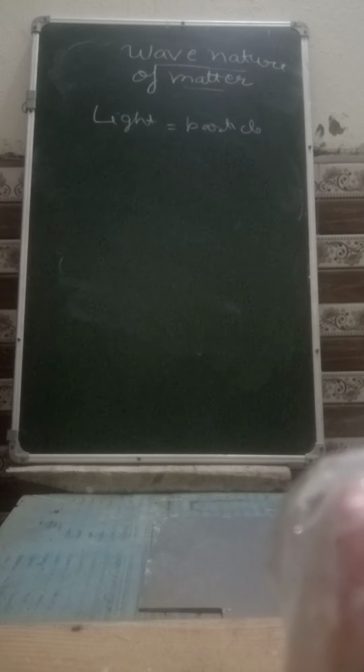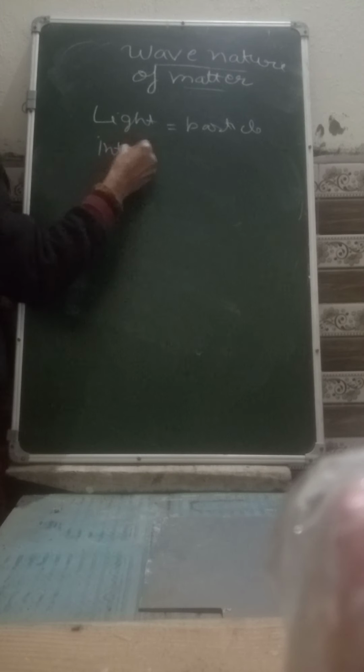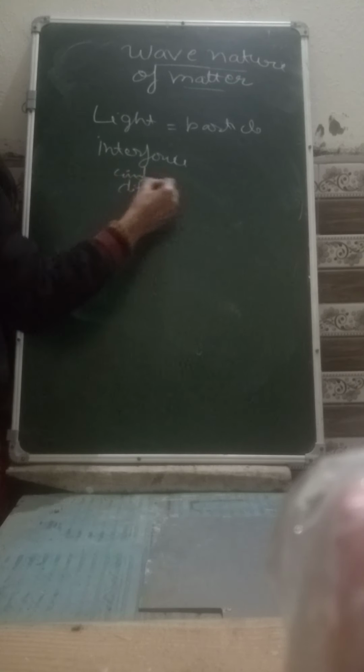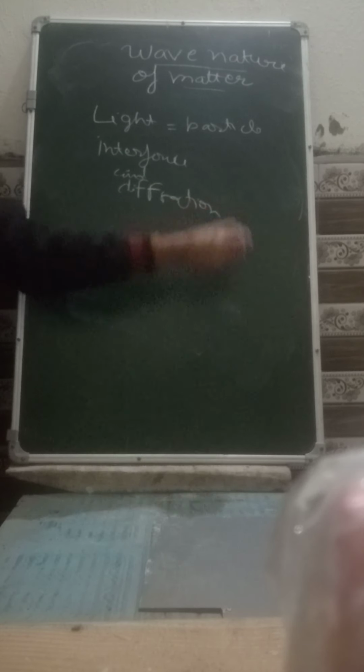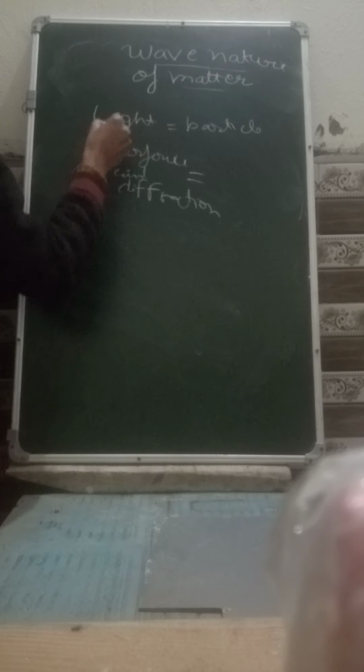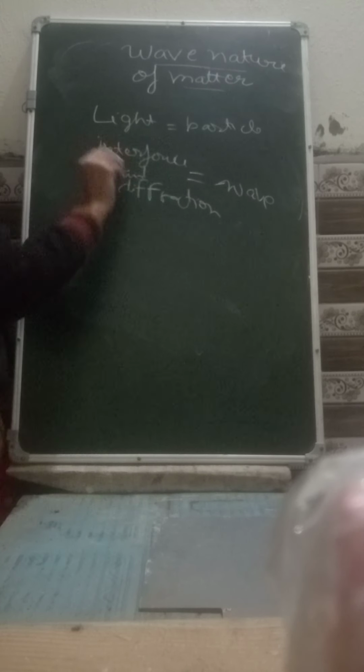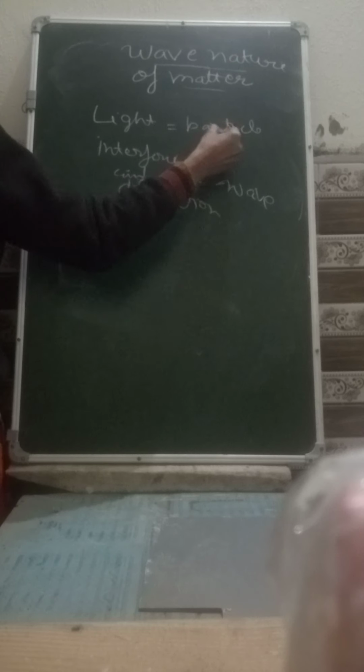From the photoelectric effect, we concluded that light has particle nature, and from interference and diffraction phenomena, we concluded that light is a wave. So from the photoelectric effect we concluded light is a particle, and from interference and diffraction we concluded light is a wave.